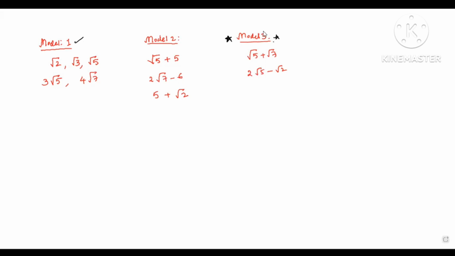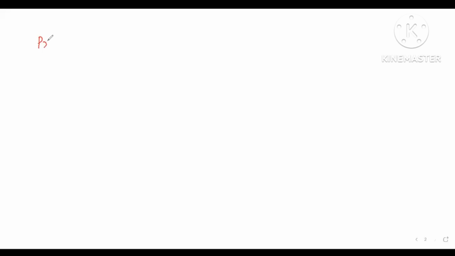The question will be given like this. Prove that root 3 is an irrational number. All these proofs are made by the method of contradiction.